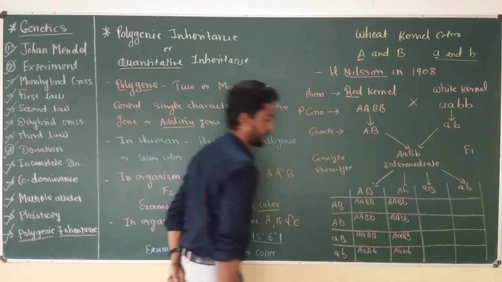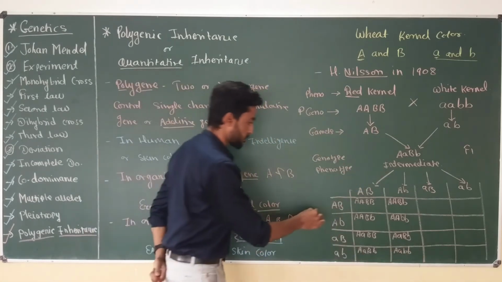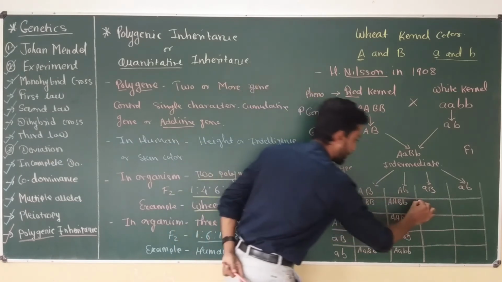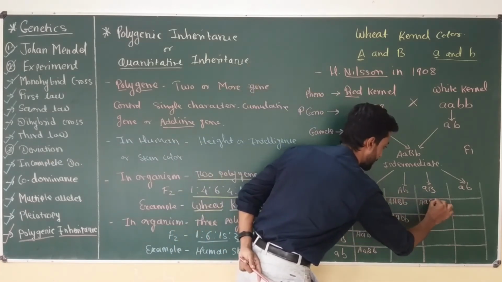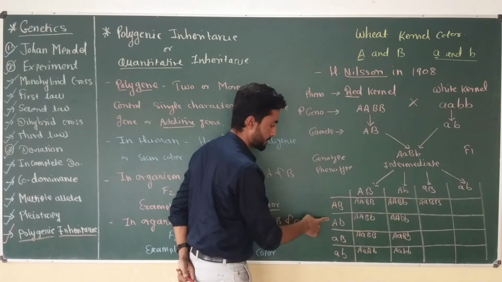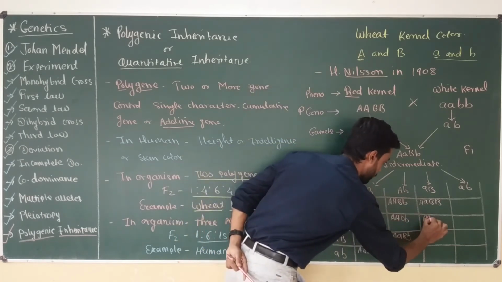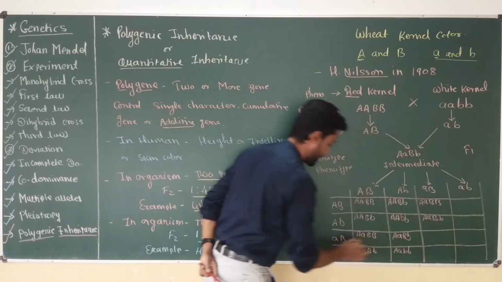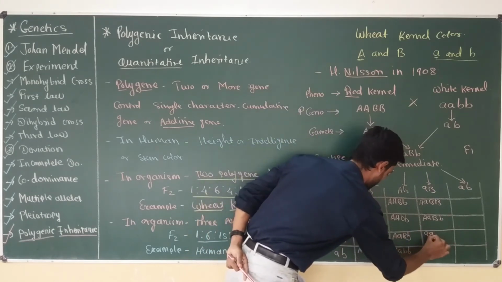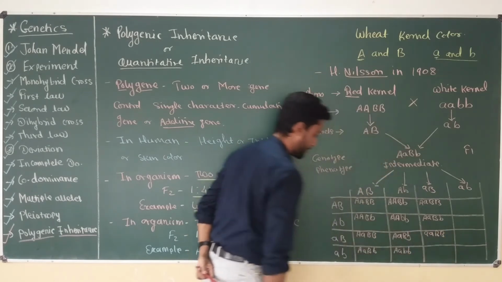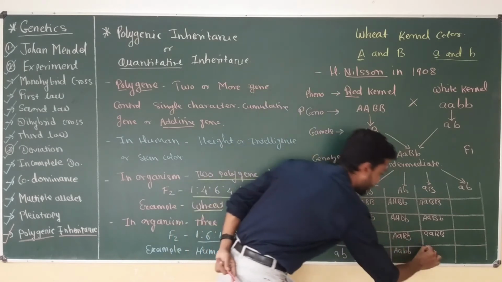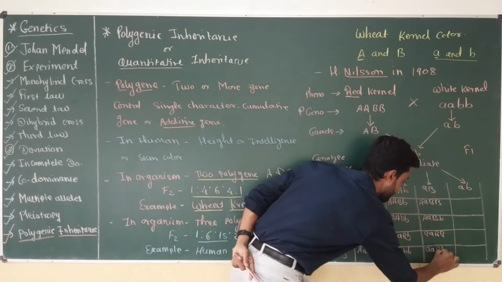Similarly, in the next column, we will get capital A small a capital B capital B, then capital A small a capital B small b, small a small a capital B capital B, and finally small a small a capital B small b.